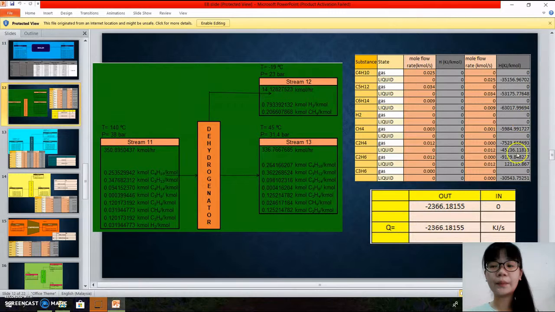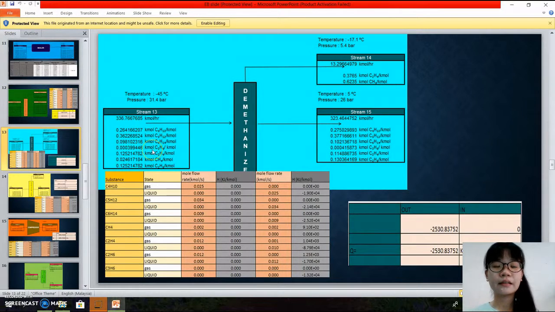Same as the boiler, we can use the hypothetical pathway and the balance on non-reactive reaction to calculate the energy balance and get the total Q, which is negative 2300 kilojoule per second.